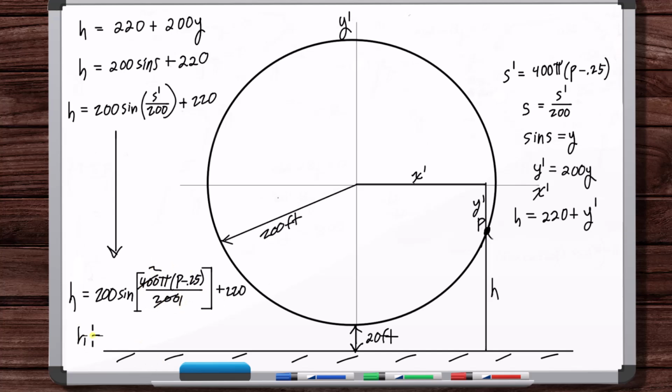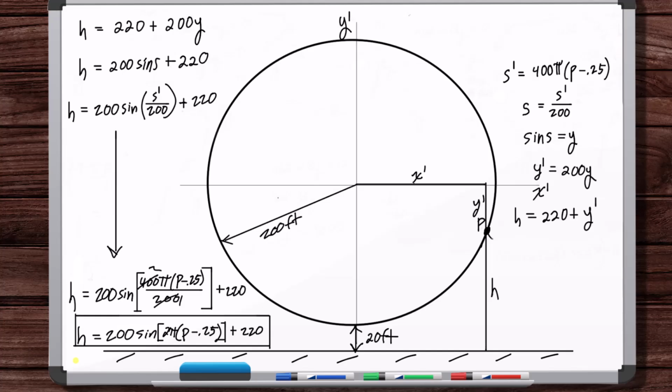So h is equal to 200 sine of 2 pi, plus, and there you go. There's h as a function of this input data point p determined using a circular function.